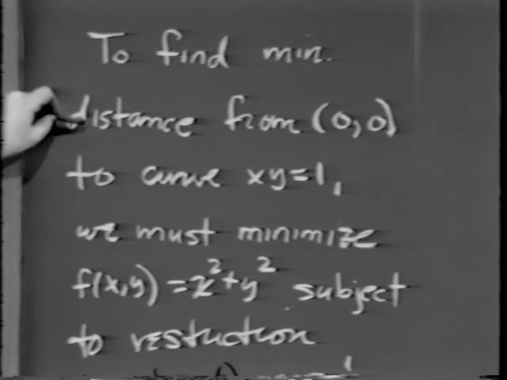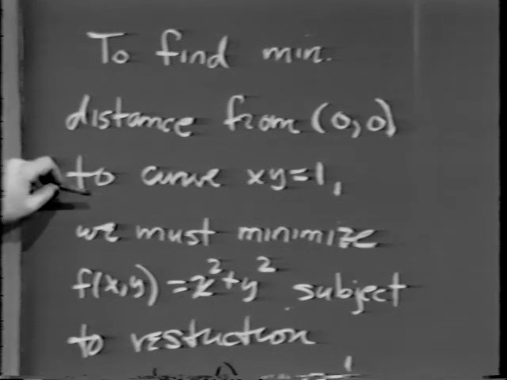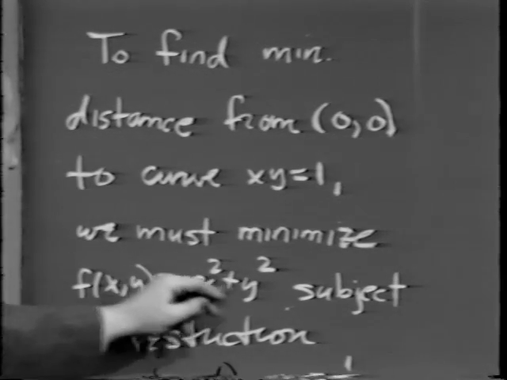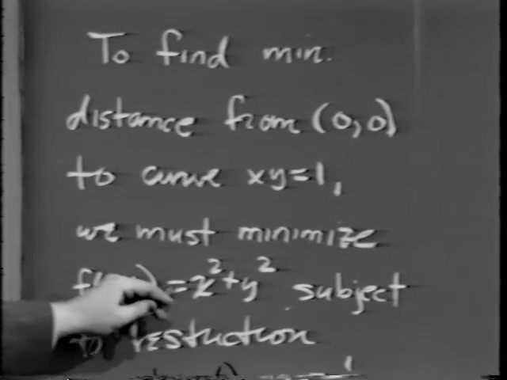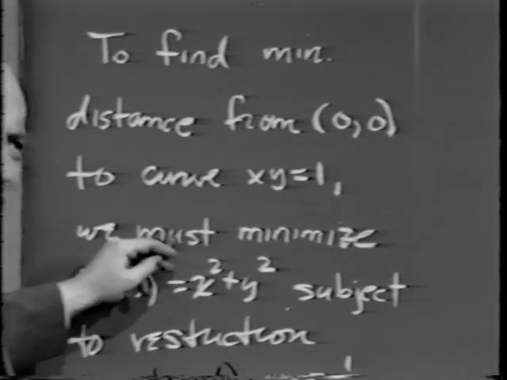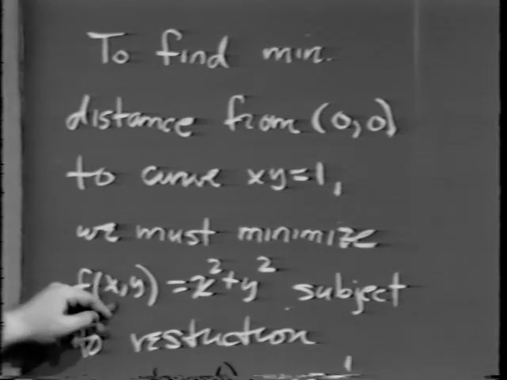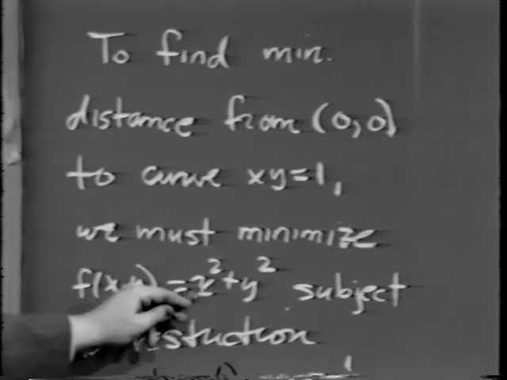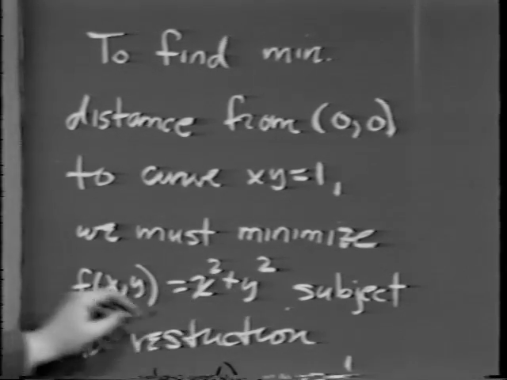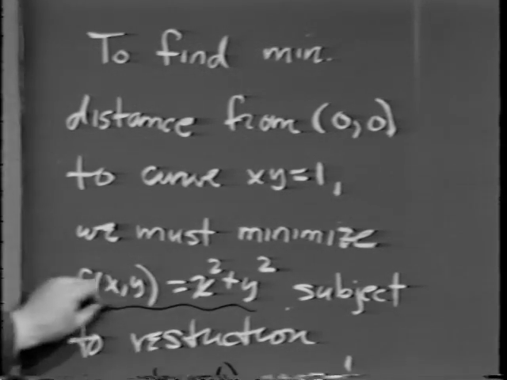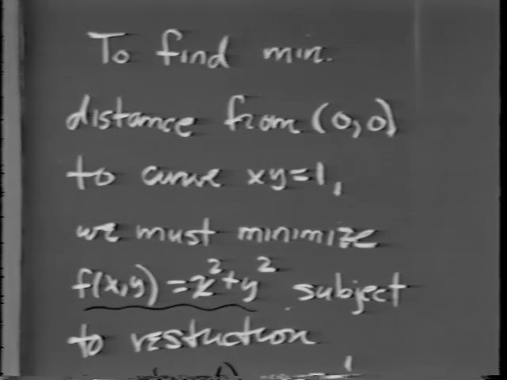Well, to find that minimum distance, notice that what we have to do is minimize a distance function. Namely, the square of the distance; I use the square simply to eliminate the square root sign here. The square of the distance from the origin to any point x comma y is x squared plus y squared. Well, notice that in this form, this is a function of two independent variables.